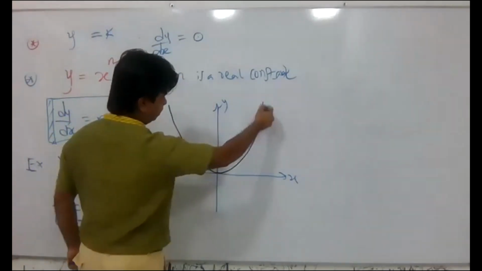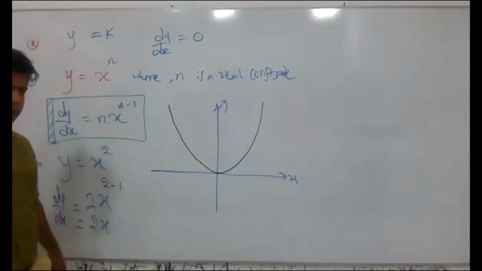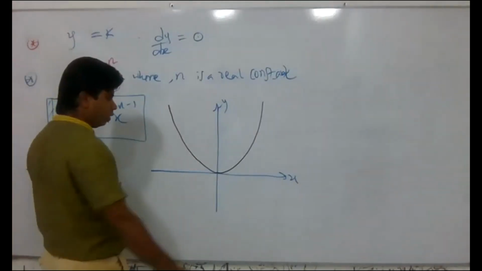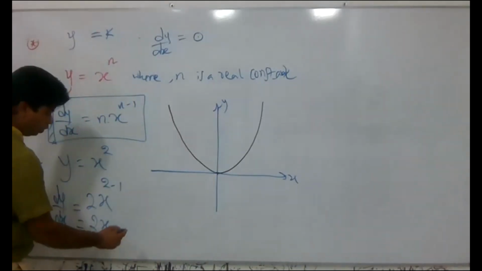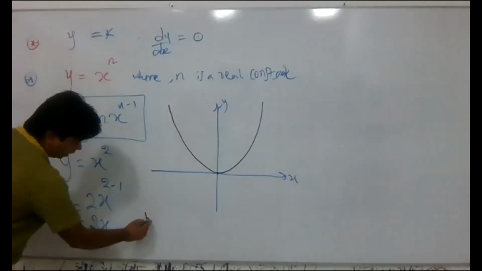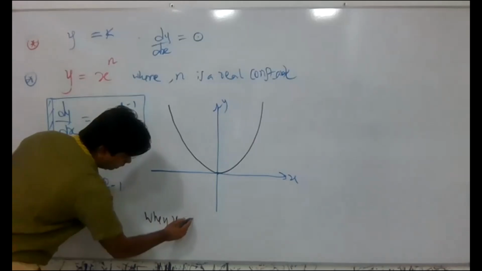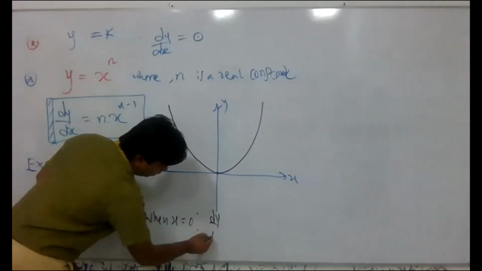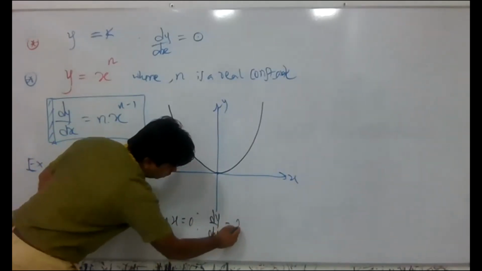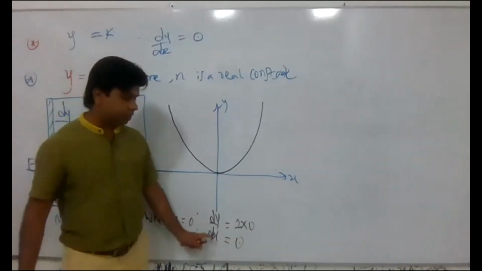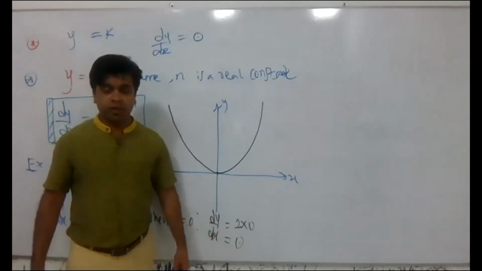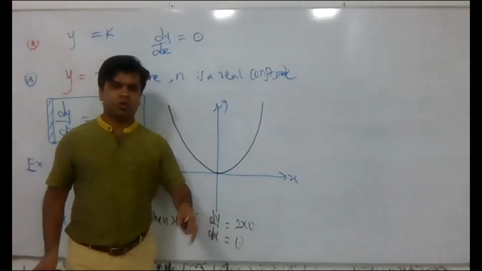Now, if I ask the gradient at x equals 0, what do we do? It's a variable thing. You can see that when x equals 0, dy by dx equals 2 into 0. The answer is 0. dy by dx is the gradient. Gradient is 0. Zero gradient means a horizontal line.